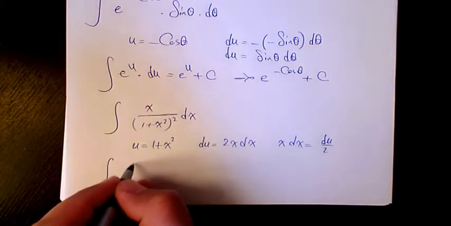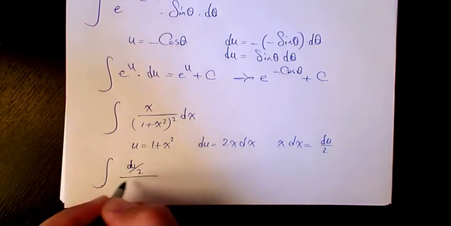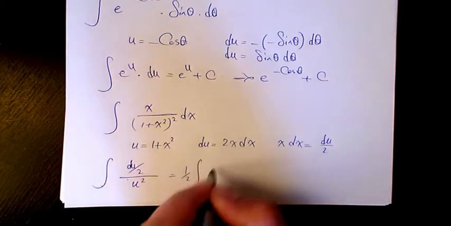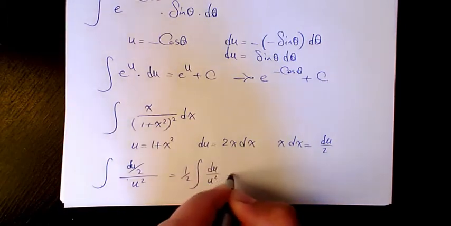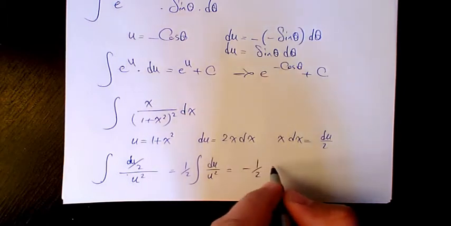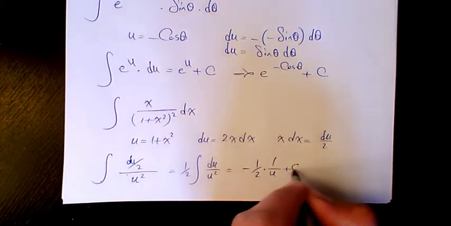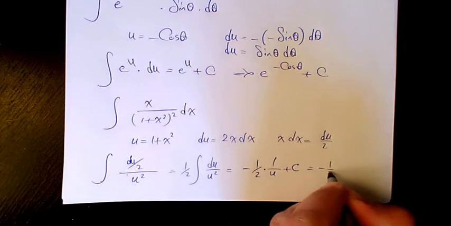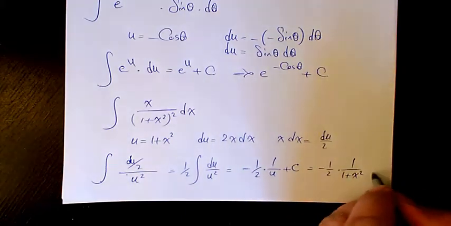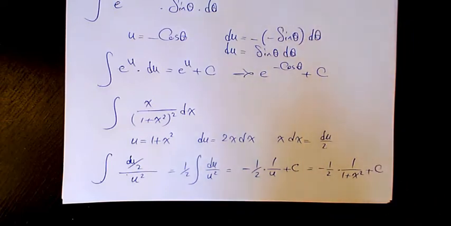So it's going to be du divided by 2, over u squared. So it's going to be negative 1 over 2 times 1 over u plus c, which is going to be negative 1 over 2 times 1 over 1 plus x squared plus c.